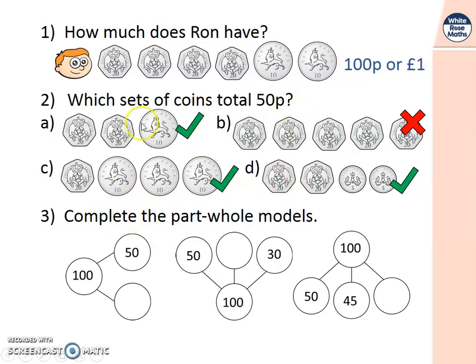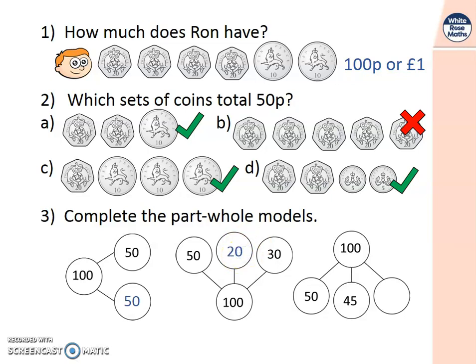Let's use this knowledge to help us complete our part-whole models. So 100 is made up of 50 and what other? Yeah, 50. This 100 is made up of 50 and 30. That makes 80. What would I add to 80 to get to 100?